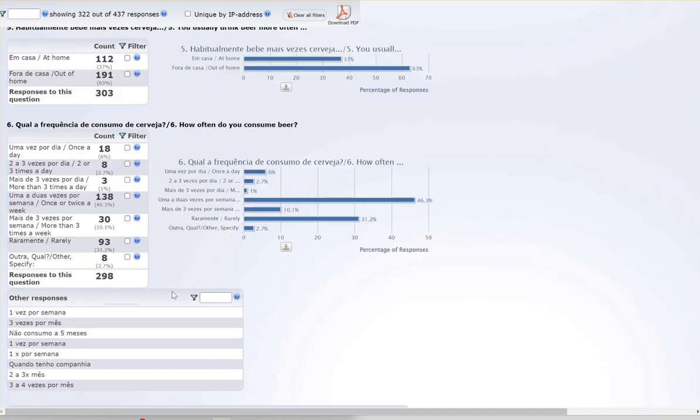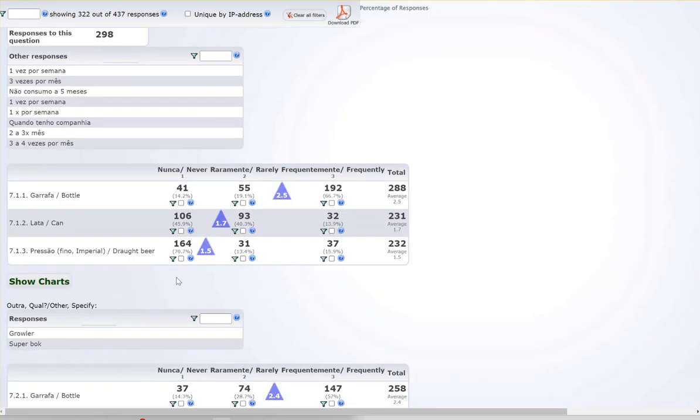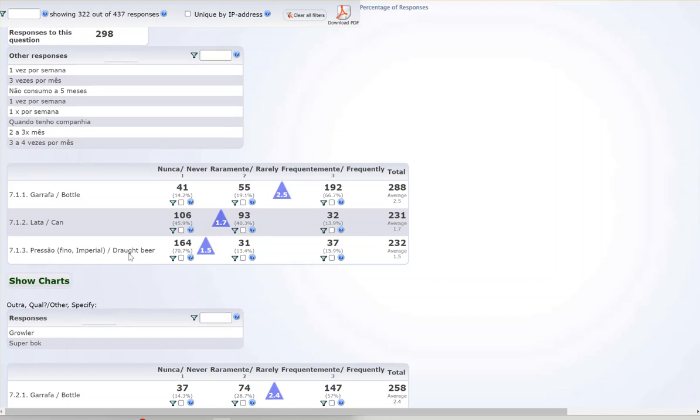Then we have the question about if they drink beer at home or out of home, and most of them said they do it at home, out of home, and even in other places. And we go down, and also we know that most of them have beer using a bottle, and very few in a draught if they are drinking outside home.